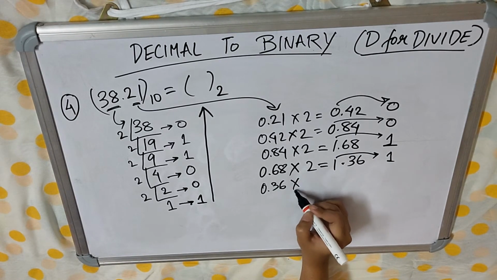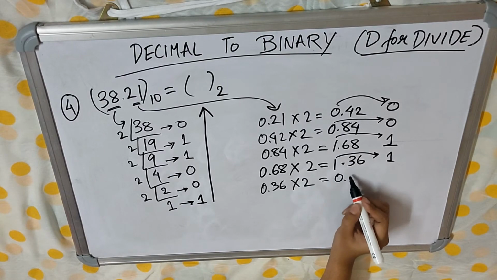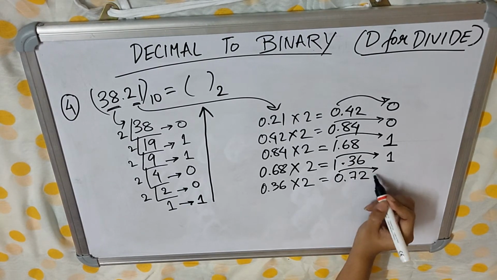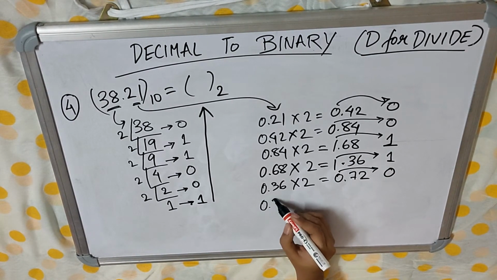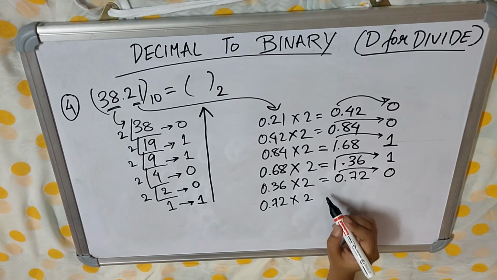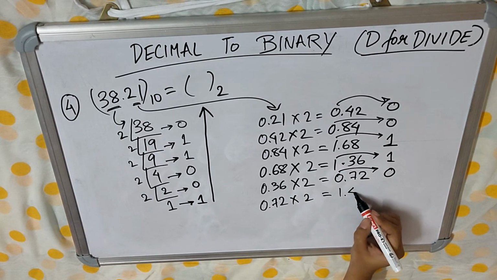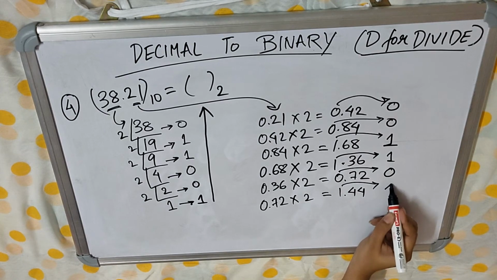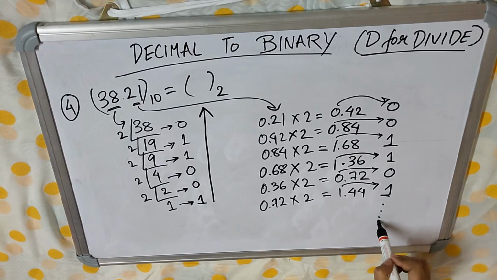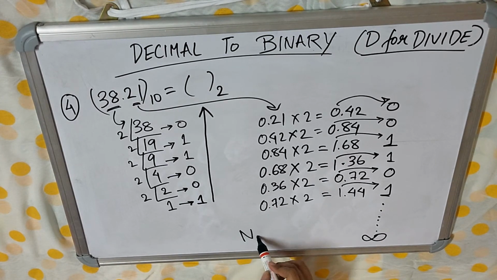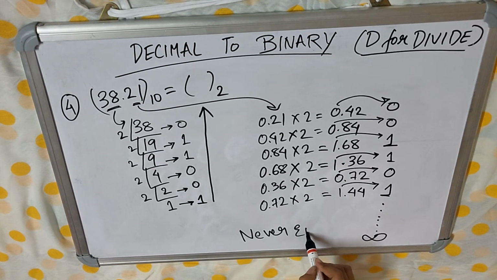So 0.36 into 2, we get 0.72, and we continue. It depends on your school also, they might say that you can do up till 5 decimal places if you don't get a 0, or 6, that totally depends upon your institution. So in this case I did 6 of them.